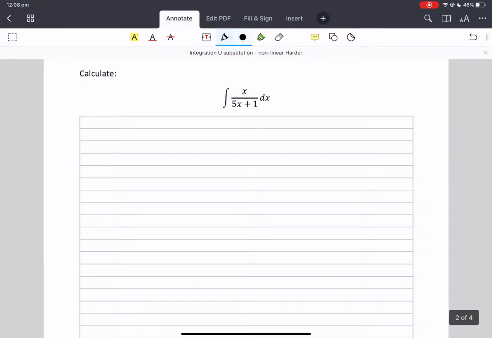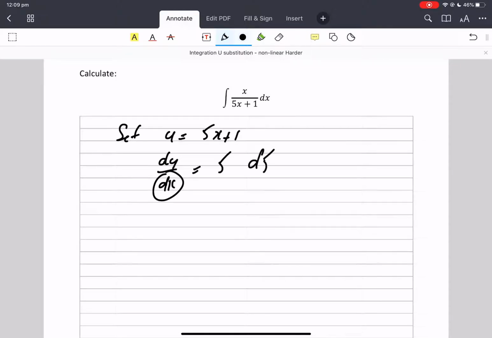That's nearly that pattern for the natural logarithm, but it's not, because x is not the integral of 5x plus 1. But again, we want to simplify this more complex part of the integrand, so set u equals 5x plus 1, and we'll get that dx to the other side. Okay, so let's just fiddle.